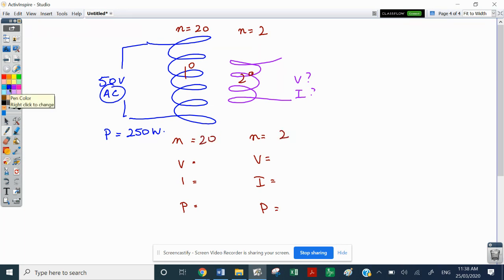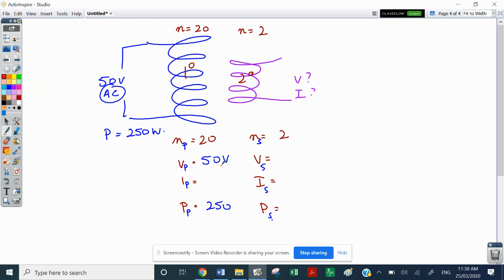Filling in the rest of what we know, we often put little letters and so on. This is NP, VP, IP, and PP. And that's S, S, S, and S for secondary. I know that this voltage here is 50 volts, and that power is 250. So what can I fill in?